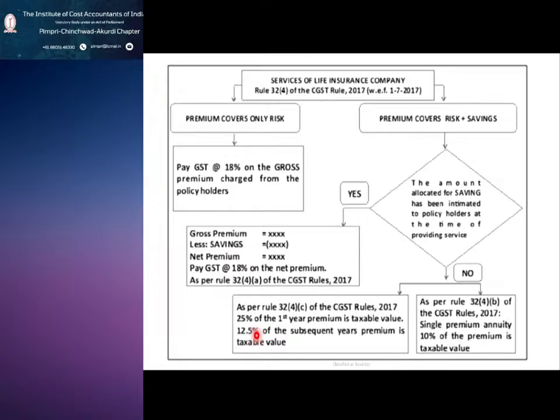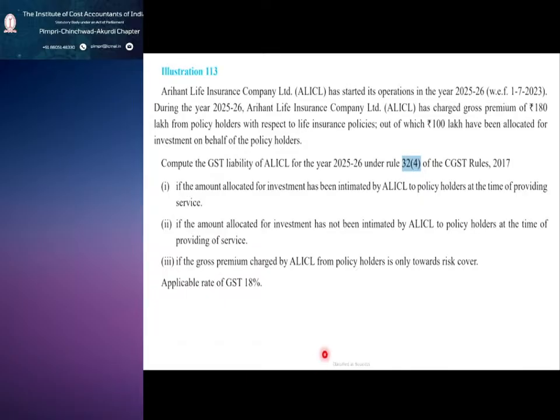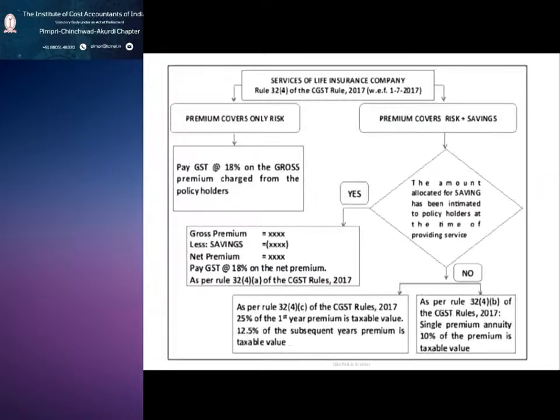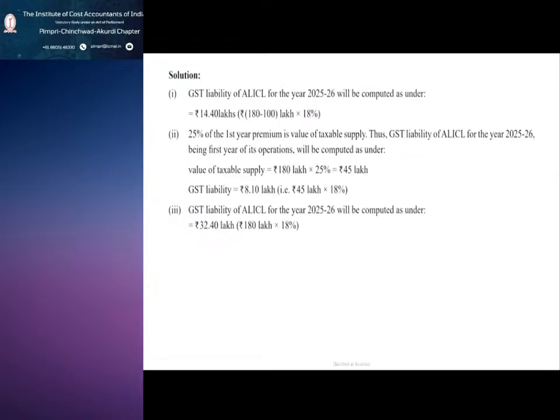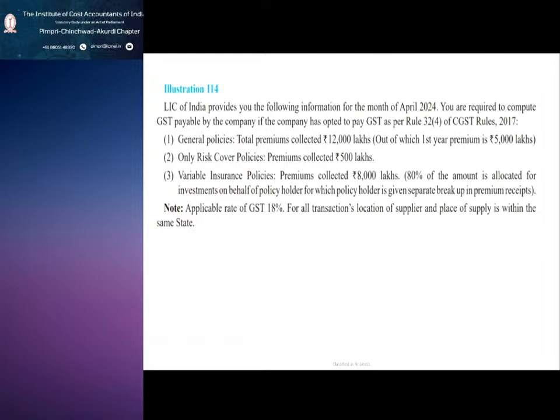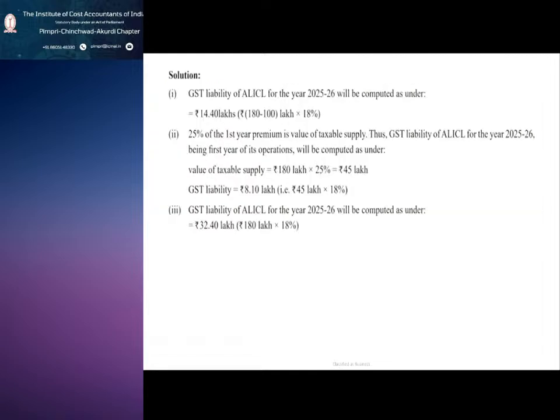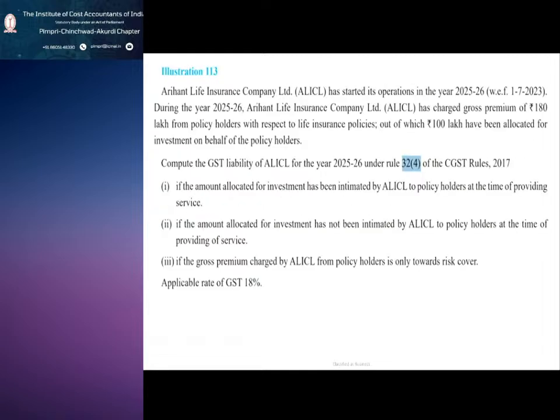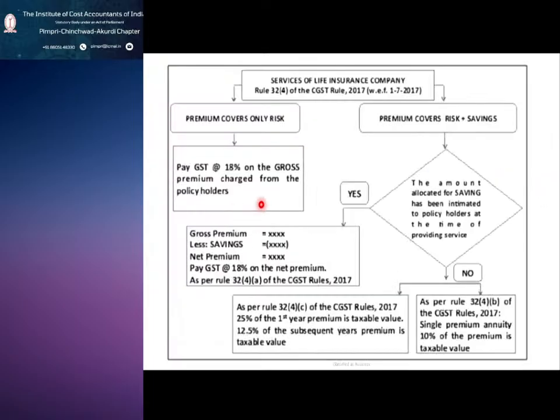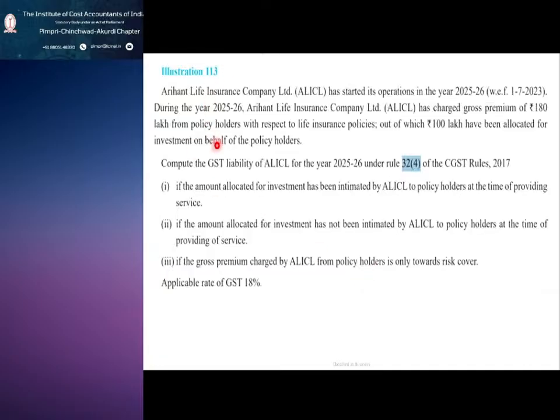I will show it with an example, and then you will find it easy. So we will see this example now, the same one we have seen here, in that way.